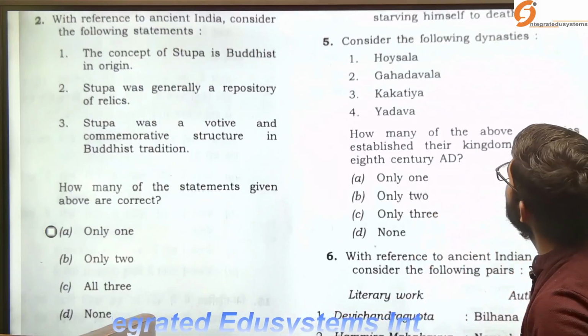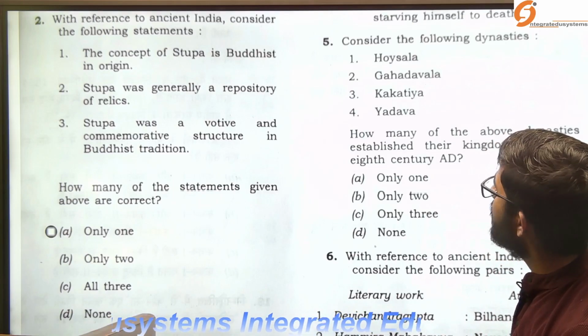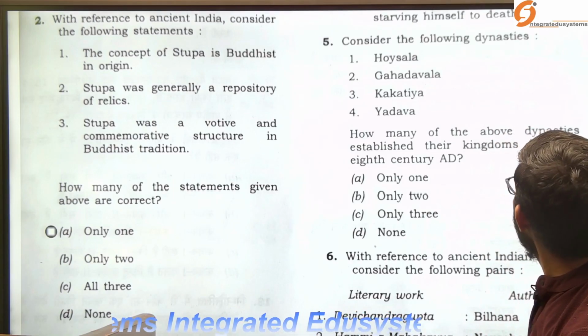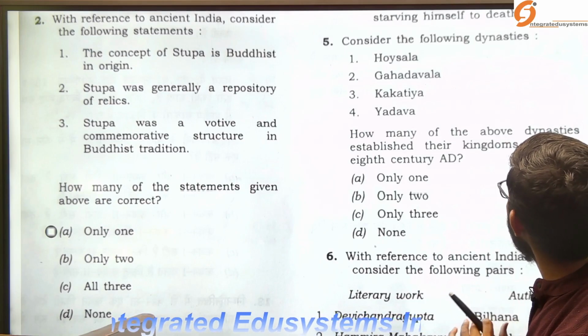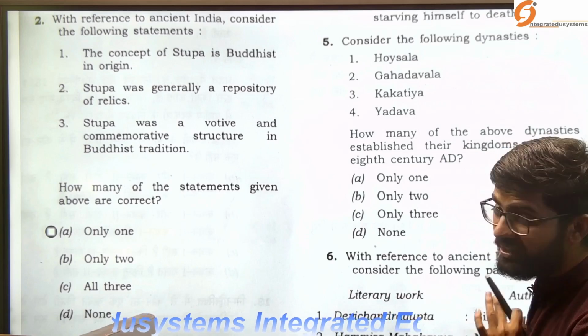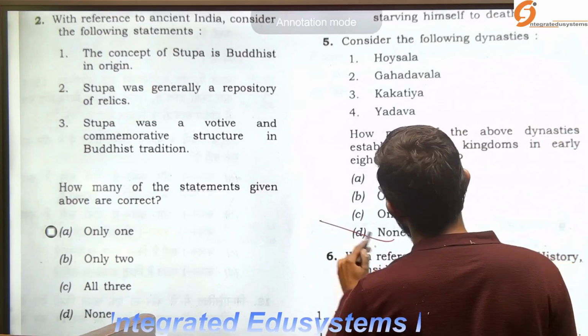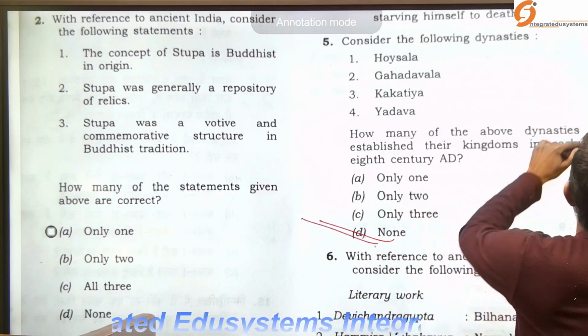Fifth question. Consider the following dynasties: Hoysala, Gahadavala, Kakatiya, Yadava. Which of the following dynasties established a kingdom in the early 8th century? The answer is D. None in the 8th century. They are not of that century.